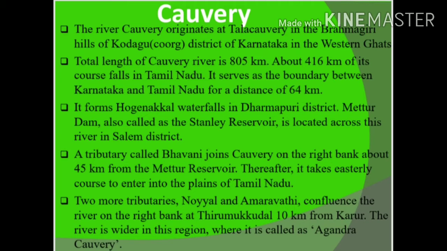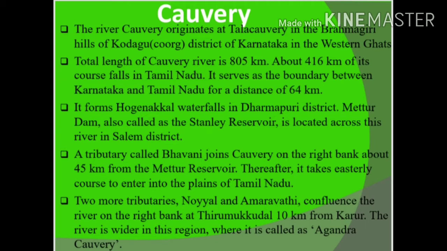A tributary called Bhavani joins Kaveri on the right bank about 45 km from the Mettur Reservoir. Therefore, it makes an easterly course to enter the plains of Tamil Nadu.